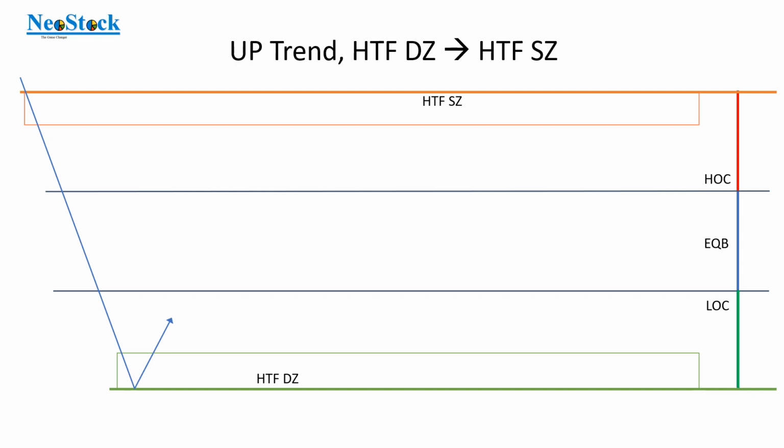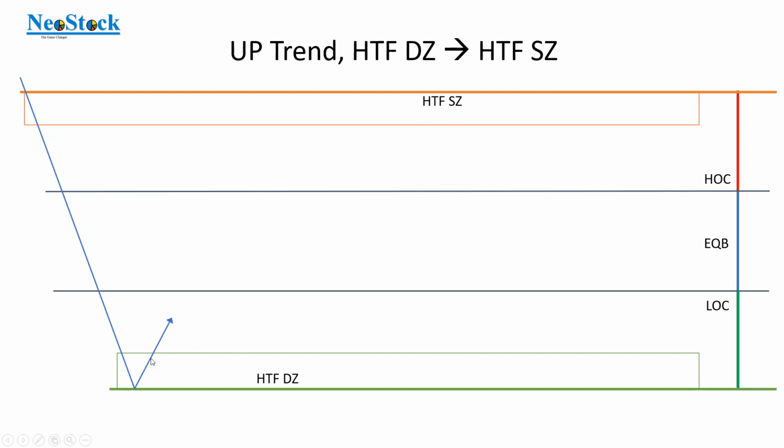To understand the decision making table, first we need to understand certain scenarios. For example, if you look at this chart, let us assume the current trend is an uptrend. And you are seeing the price movement here. Currently the price is moving from the HTF demand zone to the HTF supply zone. That's why the price direction is HTF demand zone to HTF supply zone.